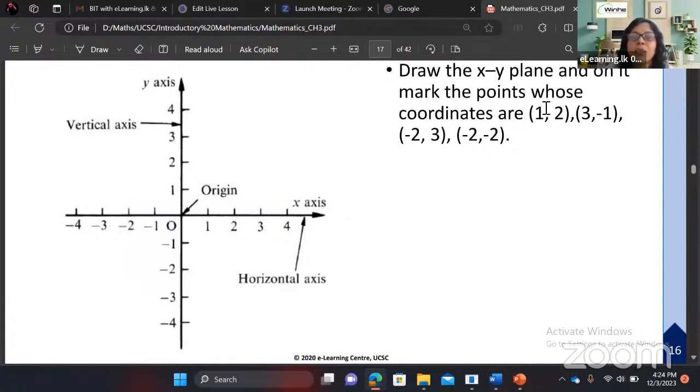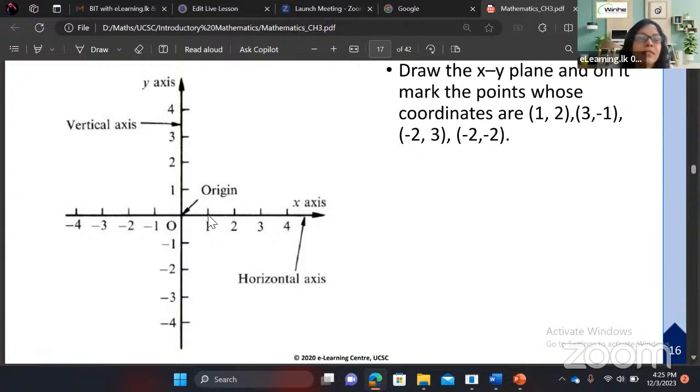Here you can see each point is represented with its coordinate, right? In the xy plane, each point is represented with its coordinate. Here 1, 2 means the point is somewhere here, right? It means the x value is 1 and the y value is 2.